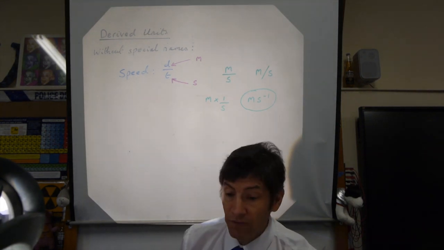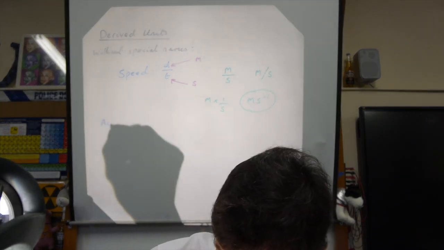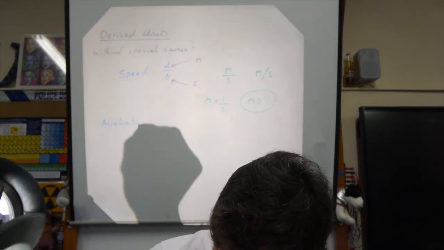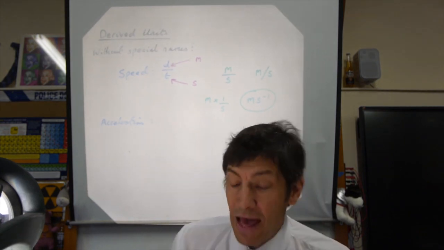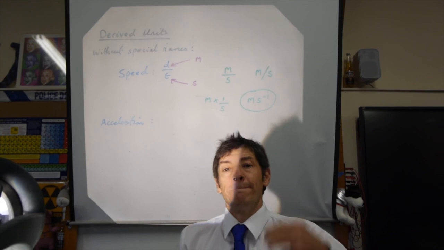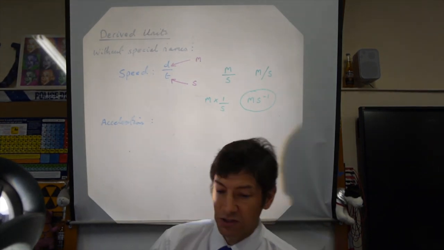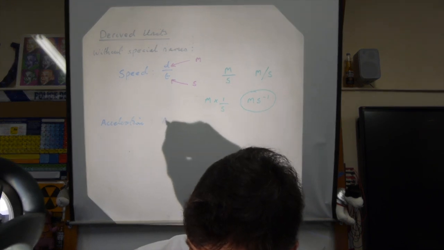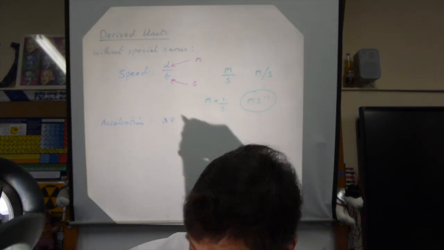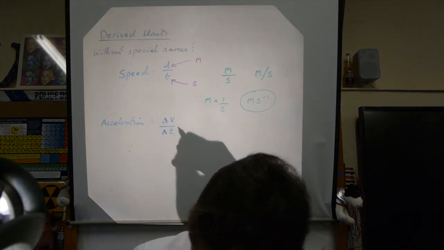Okay, so obviously if we have acceleration, so let's have acceleration. Acceleration, if you remember, has got units of meters per second, because it's the change in speed over the time change, the time taken.